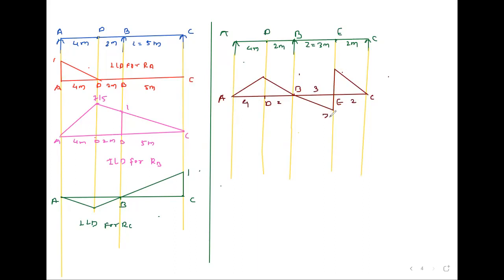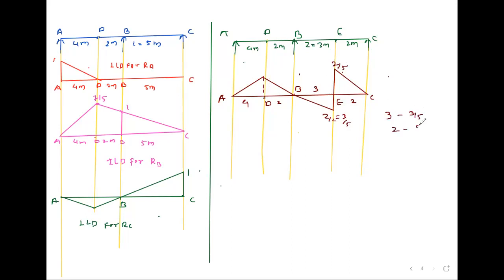Okay, so here Z by L, that is 3 by 5. And here 2 by 5. So here for 3 meter, 3 by 5. So this distance is how much? For 3 meter, 3 by 5.